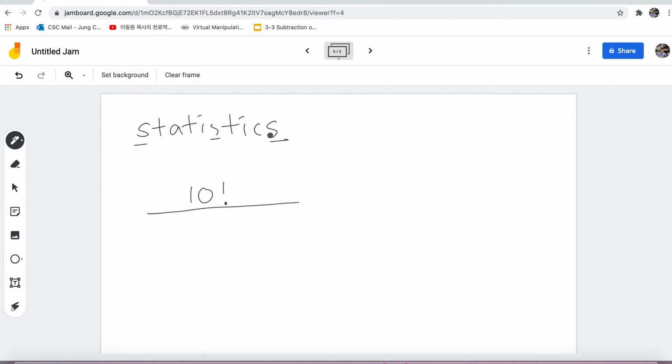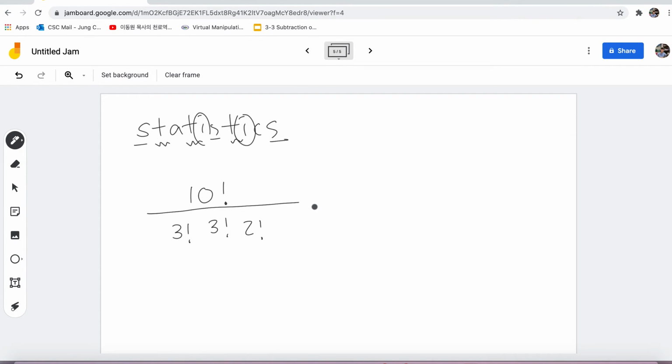For example, S is calculated 3 factorial ways. T is counted 3 factorial ways too. What other letters do you see that are repeated? I see I is identical, so 2 factorial. Anything else? A, C, no, nothing else.